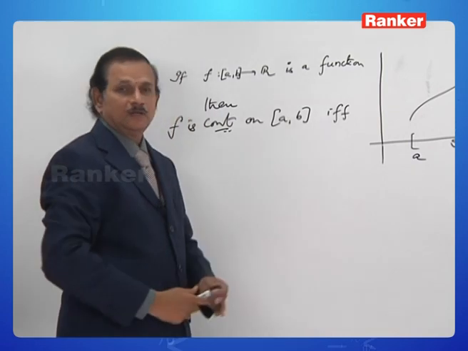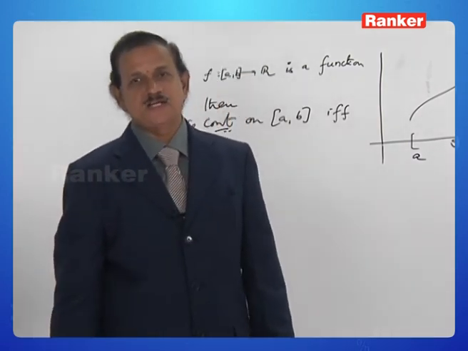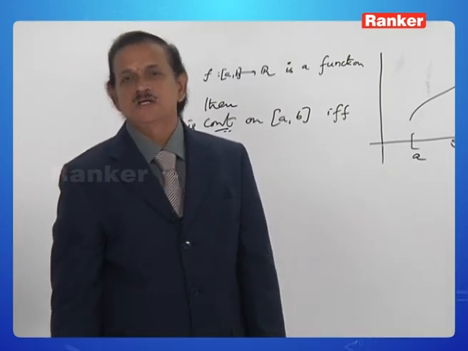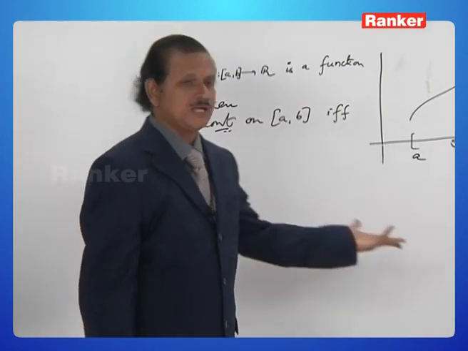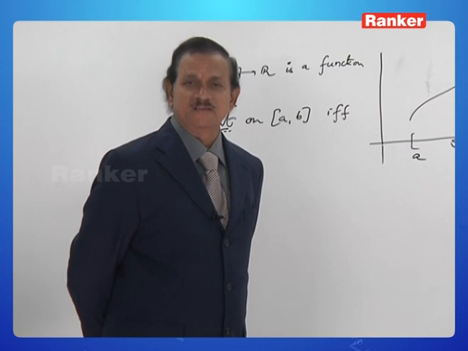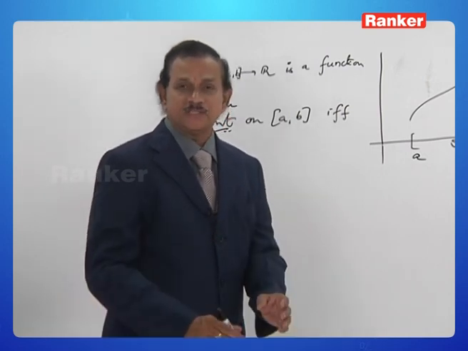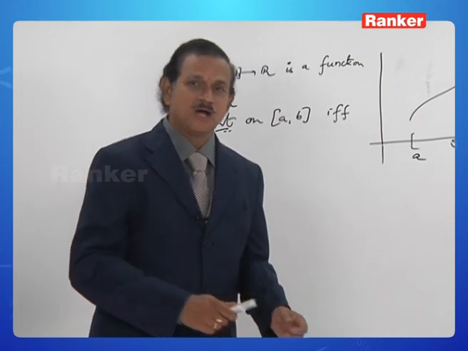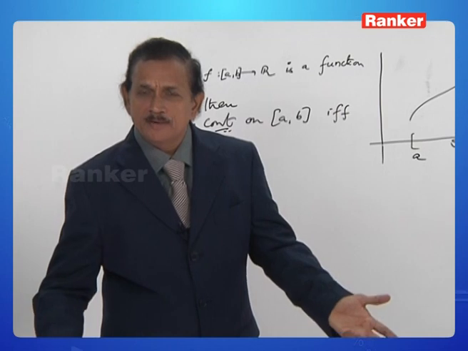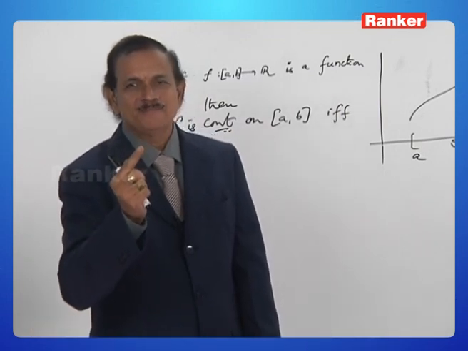You may say, just now we have discussed, if a real function f is continuous at every point of the domain, then it is continuous on the domain S. Here also the domain is the closed interval a to b. Therefore, f is said to be continuous on closed interval a to b if and only if it is continuous at every point. There lies the problem.